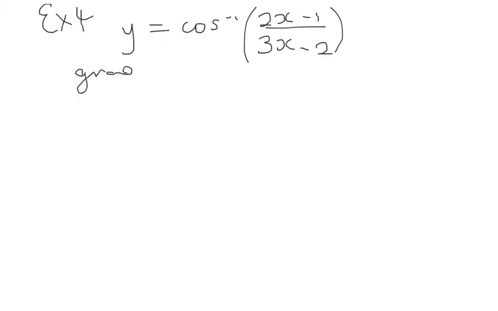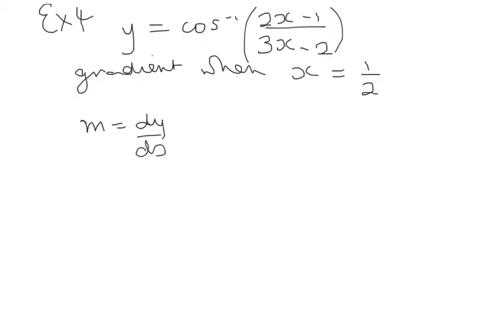So it's the gradient when x equals a half. If we're finding the gradient, that really means gradient equals dy dx when x equals a half. So we find dy dx and run the point x equals a half through to find a value.